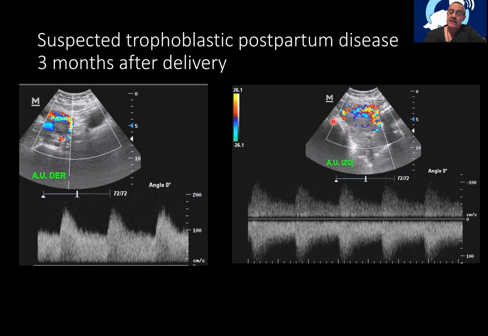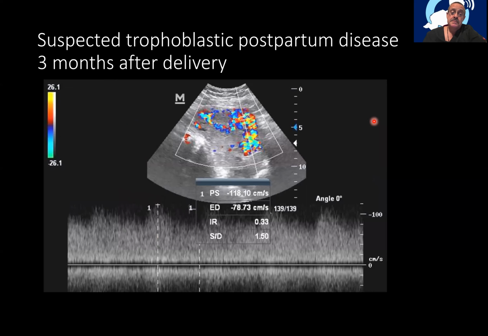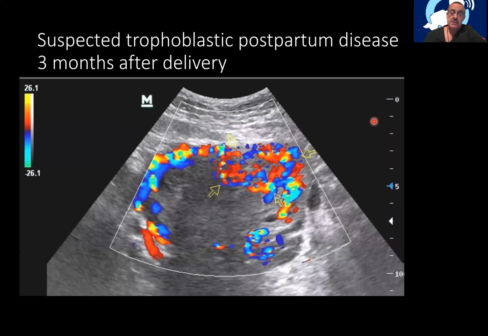What's happening? Well, on the left side, see this? There's a low resistance vascular bed surrounding the mass we saw, which is there and which was a trophoblastic postpartum disease.